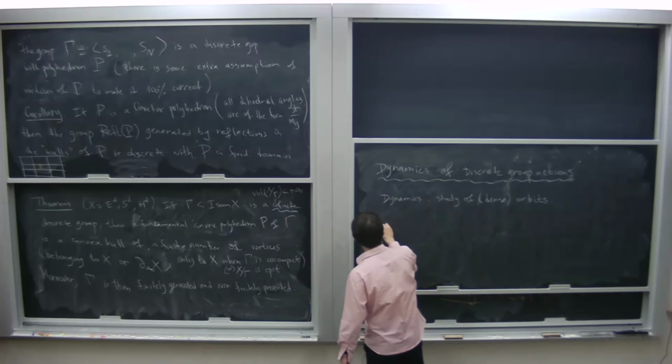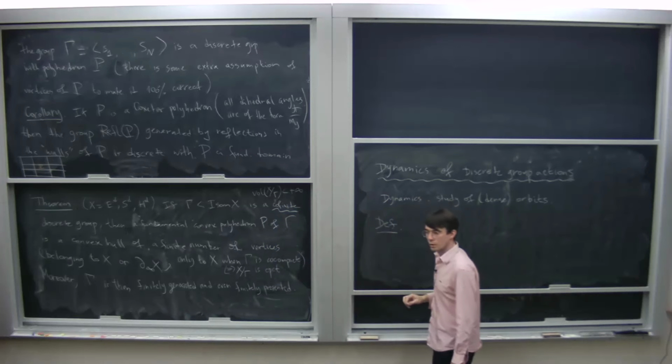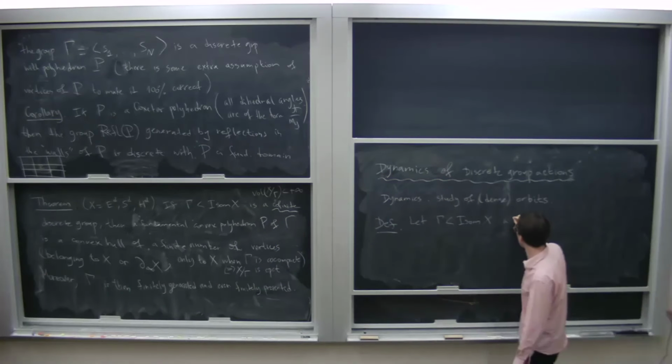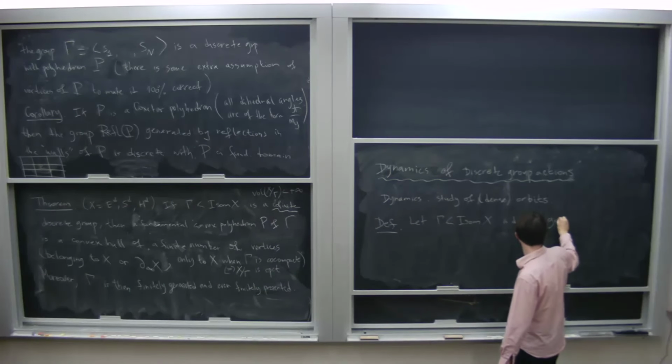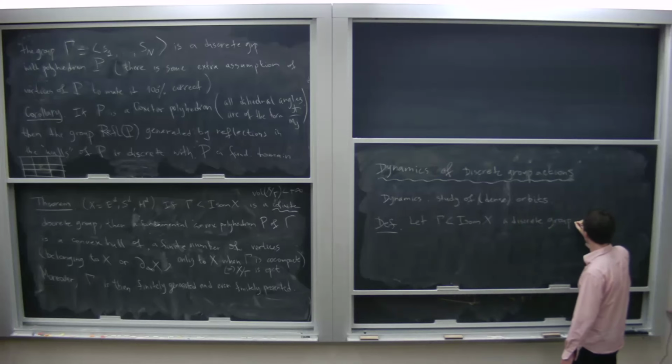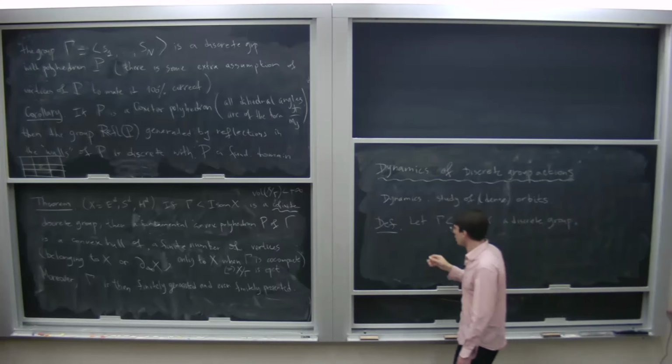Okay, so now I want to define the following interesting notion. Let gamma be a discrete group acting on X, and let's suppose we have a boundary.